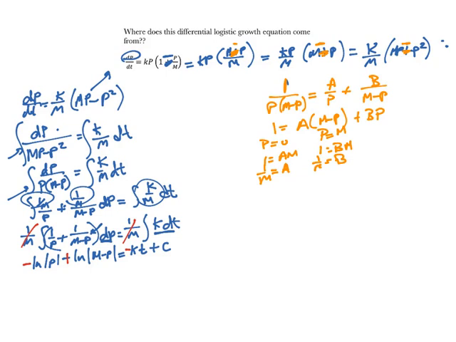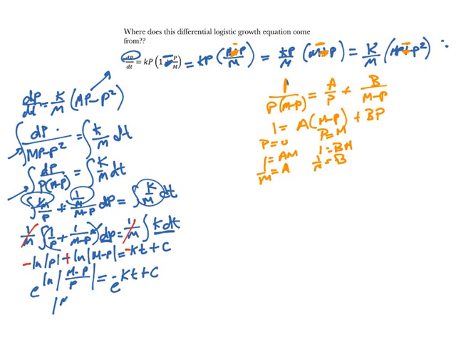Now the reason I want to do that is for my log rules, because I want to make this the natural log of the absolute value of m minus p on top and p on the bottom, equals negative kt plus c.